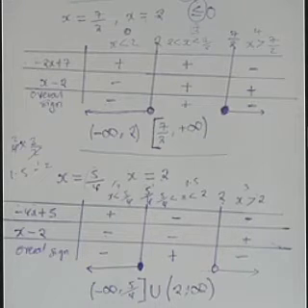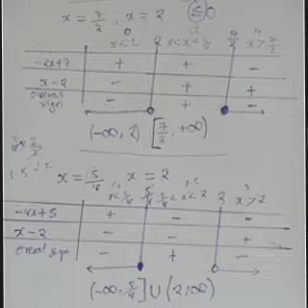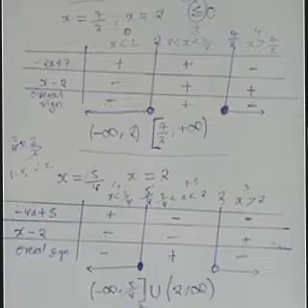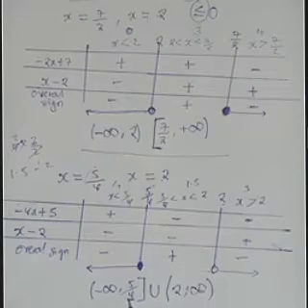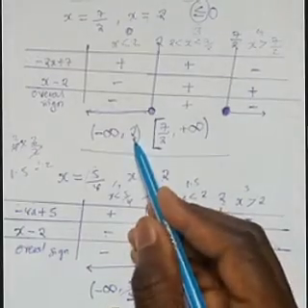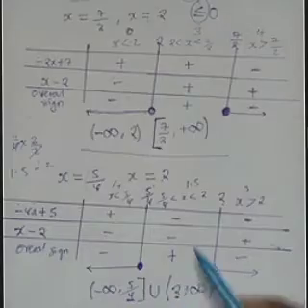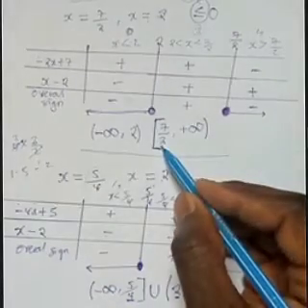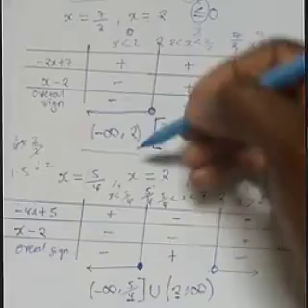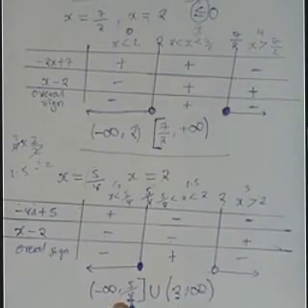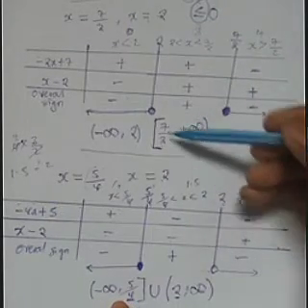Now, how do you combine? What you're going to observe is this. This number which is here is less than 2. This number which is here is less than that. Meaning that 2 has to be in between. Why? Because we're going to start with this number ending up to that number.